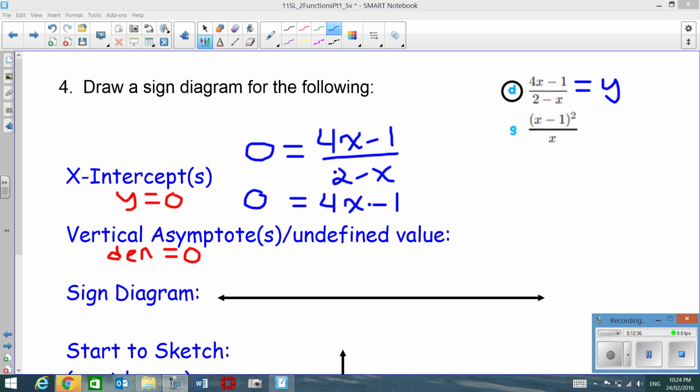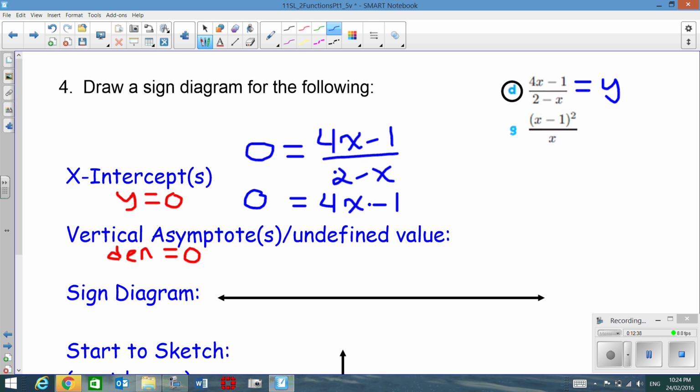So if I set my numerator equal to 0, then my x value will wind up being 1/4. If I set my denominator equal to 0 to find my vertical asymptote, I'll set 2 minus x equal to 0, which would then imply that x is equal to 2.